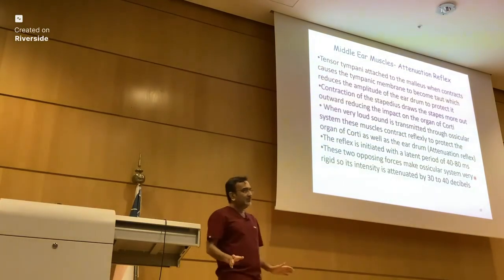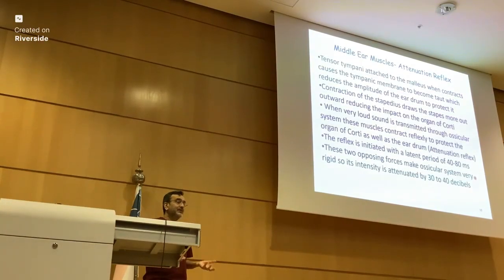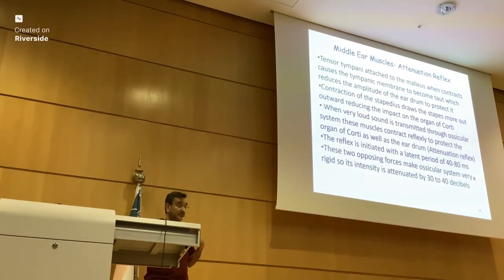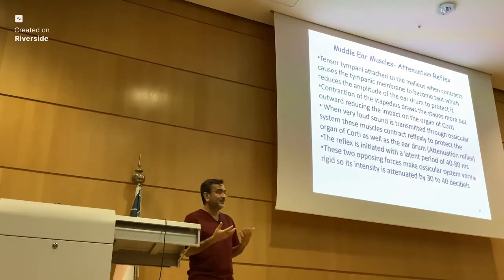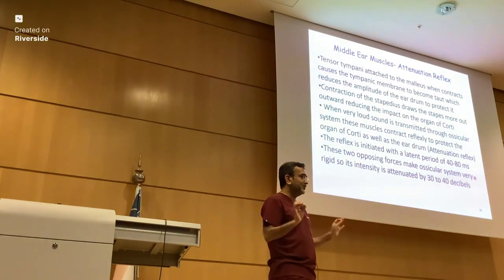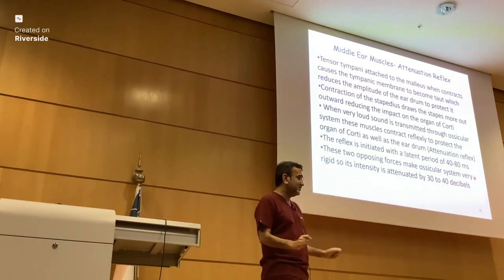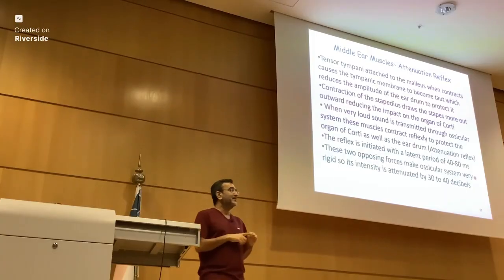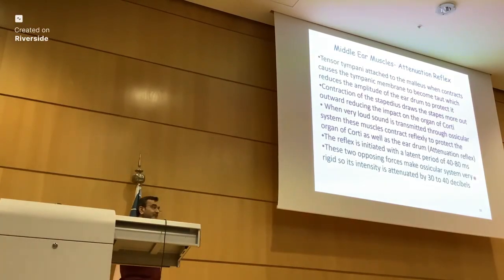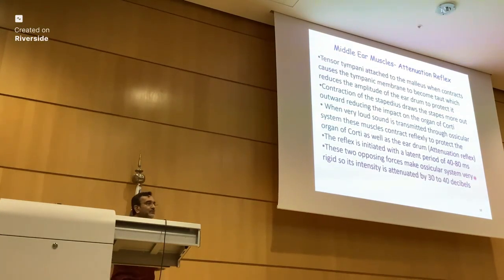So attenuation reflex is dampening, and impedance matching is basically amplification. So in simple words, so you don't get confused about what impedance matching is, remember impedance matching is amplification, and the attenuation reflex is basically dampening. Now, what is attenuation reflex?